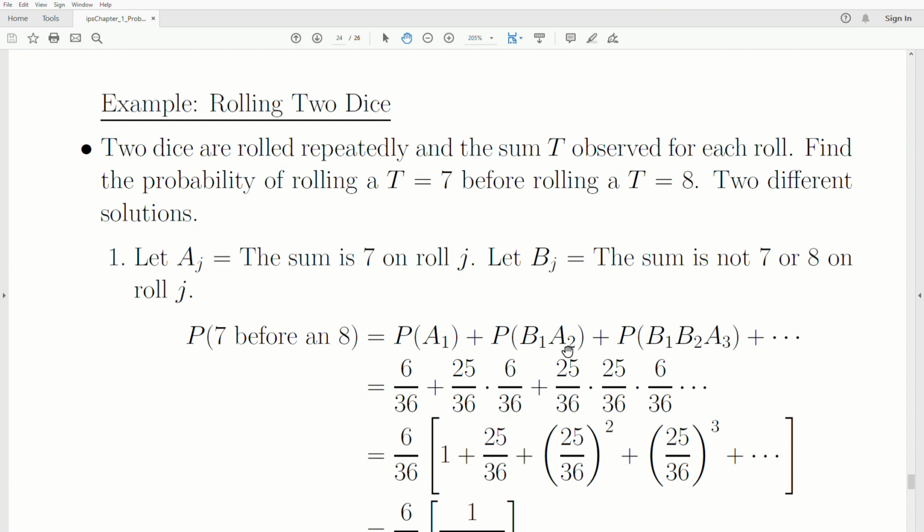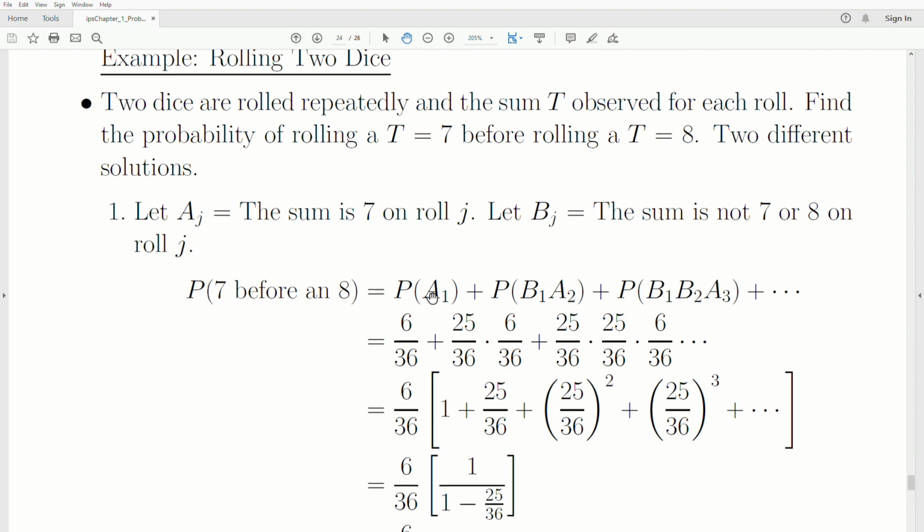On roll 2, we could roll a 7, but that means we should not roll a 7 or 8 on roll 1. So that's the probability of B1 and A2. But we could also win on roll 3. So that's the probability that we don't roll a 7 or an 8 on roll 1, we don't roll a 7 or 8 on roll 2, and we roll a 7 on the third roll. And this goes on forever.